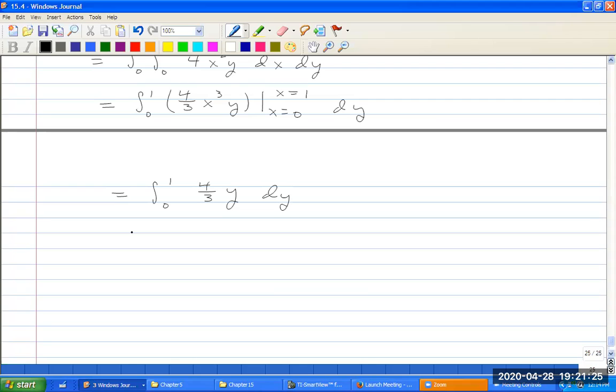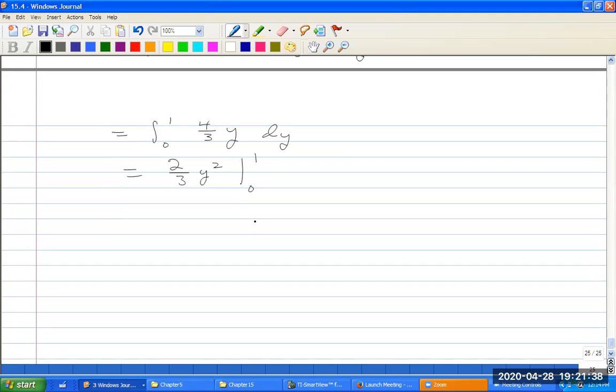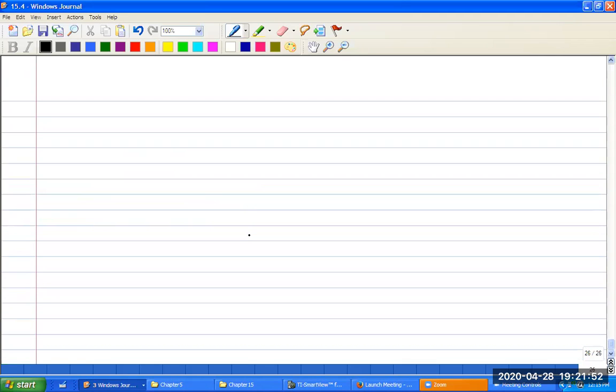So let's integrate this. So this is equal to 2/3 y squared between 0 and 1. If you plug in 1, you're just going to get 2/3. And so that's the expected value of x.